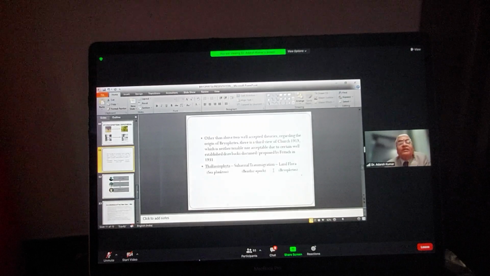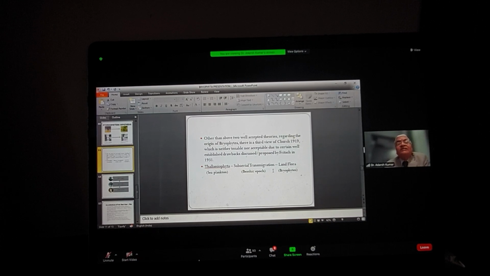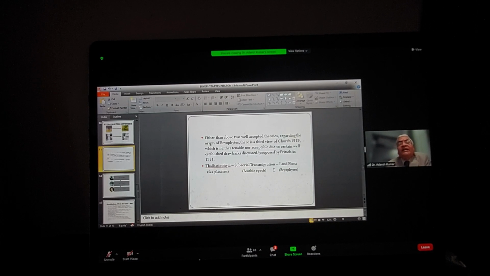Other than the above two theories regarding the origin of bryophytes, there is a third view of Church 1919, which is neither tenable nor acceptable due to certain well-established drawbacks discussed and proposed by Fritsch in 1931.